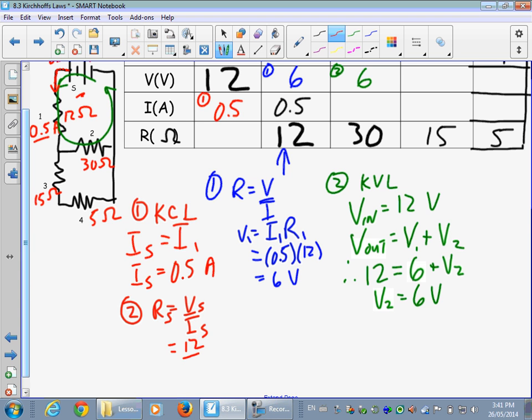So 12 divided by 0.5 gives you 24 ohms. So there's 24 ohms of resistance in total in this entire circuit.